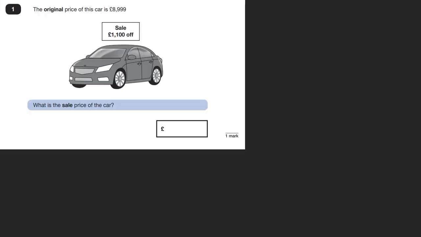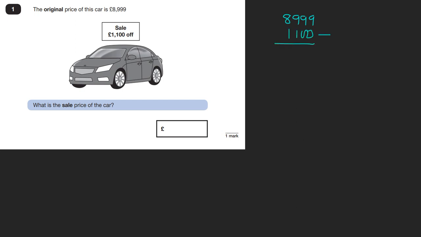Let's have a look. Question number 1. The original price of a car is 8,999. Sale is 1,100 off. What is the sale price of this car? So sale means you need to take away that 1,100. So 8,999 take away 1,100, right?